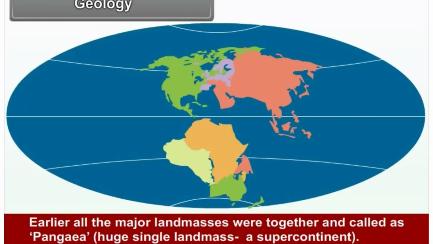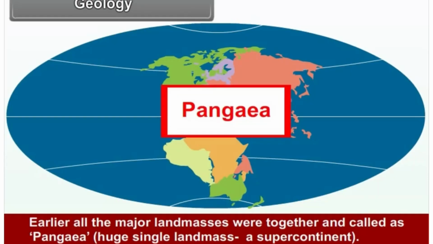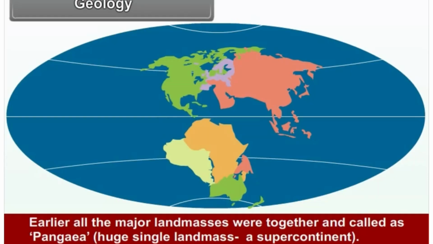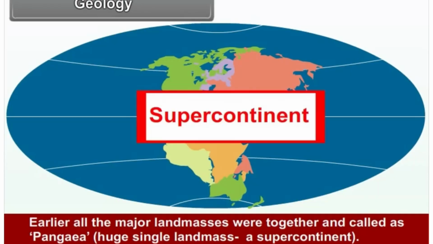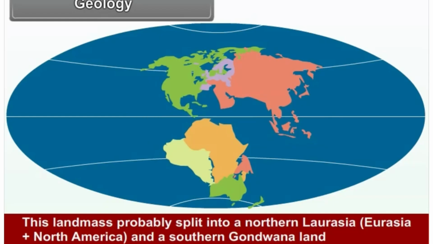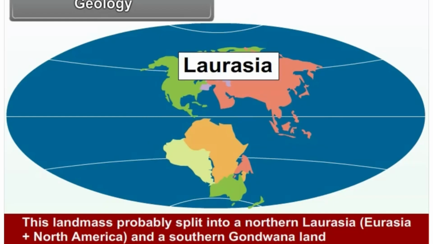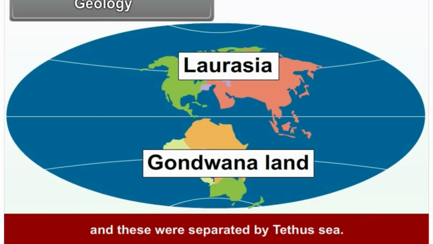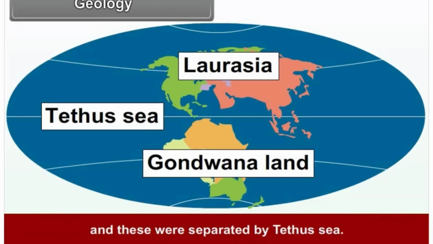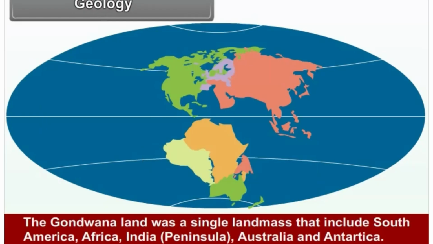Earlier, all the major land masses were together called Pangaea, a huge single landmass, a supercontinent. The landmass probably split into a northern Laurasia, Eurasia plus North America, and a southern Gondwanaland, and these were separated by the Tethys Sea.